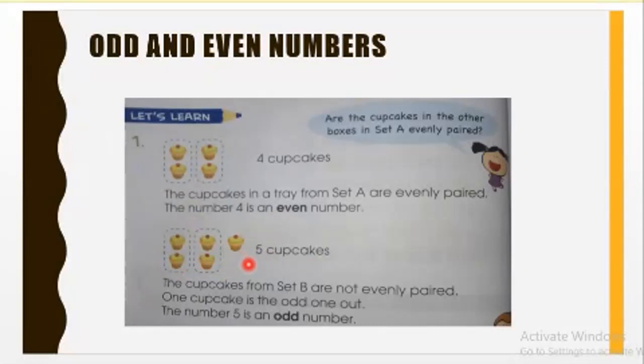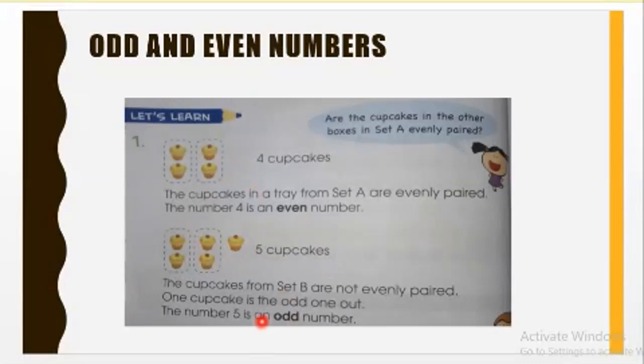The main idea of even numbers is that we make groups of two and no item should be left. Then we can call those numbers even numbers. And if we have any item left, like here where I'm showing you 5 cupcakes, one cupcake is left, so that is called odd.